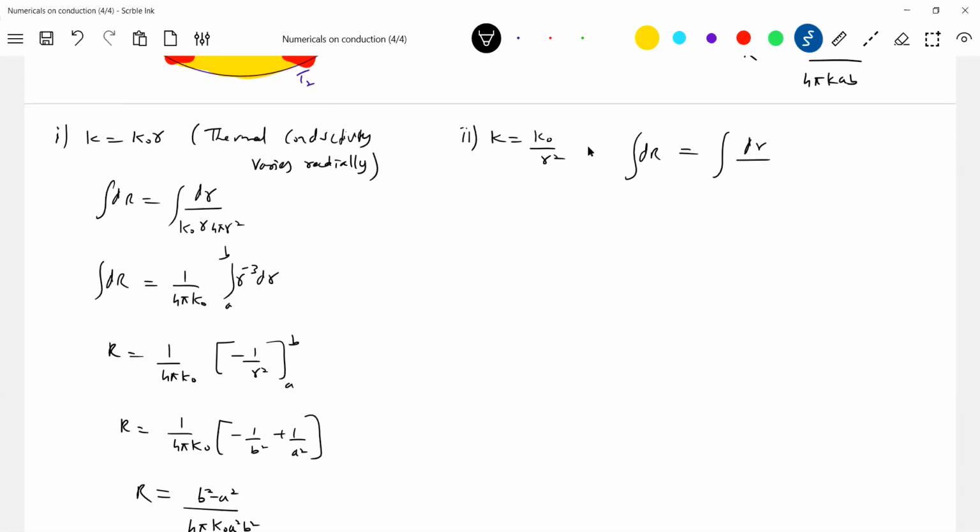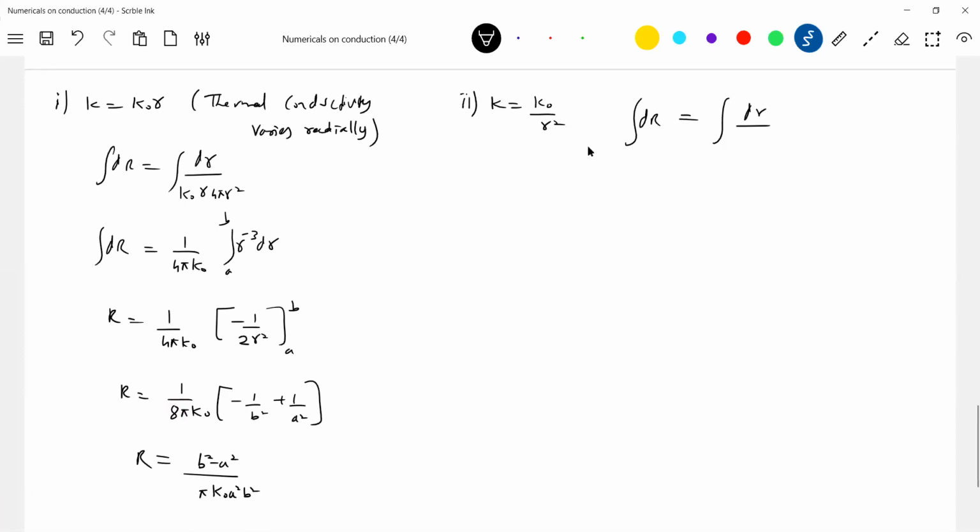Let me substitute here k naught by r square, and 4 pi r square.